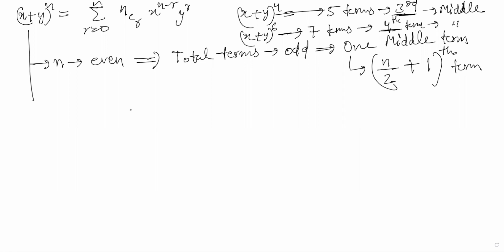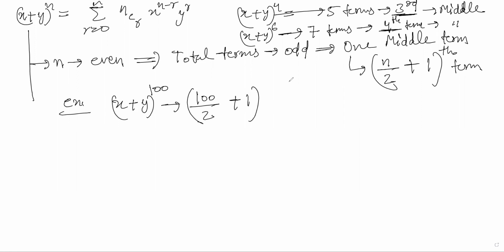You can apply this over any series. So say, for example, if you have been given (x plus y) to the power 100, then which term is the middle term? You can directly apply this, and the 51st term should be your middle term.